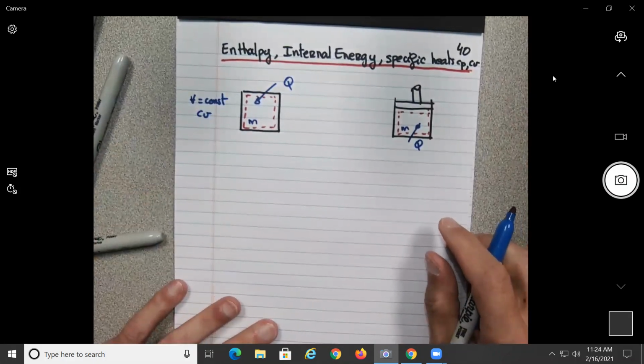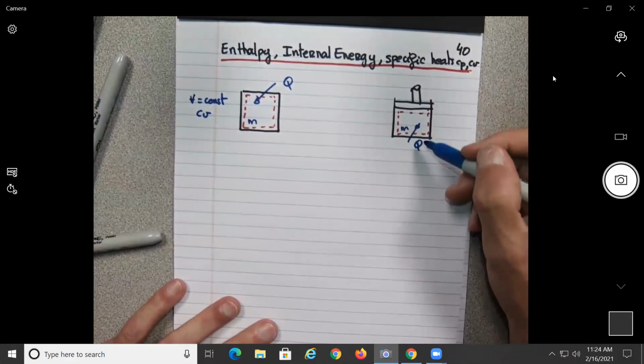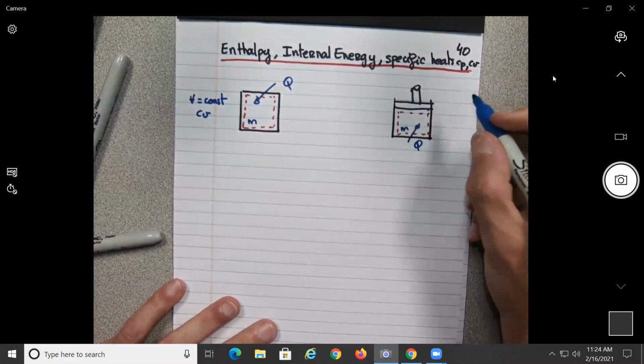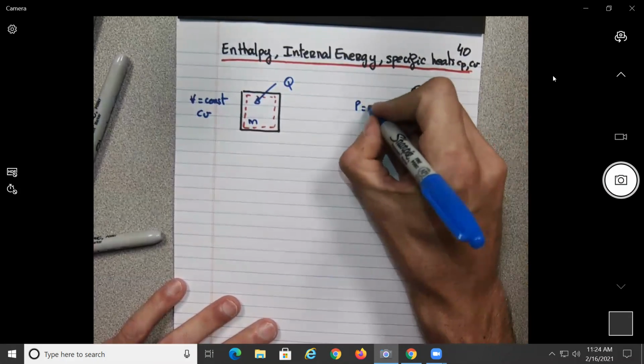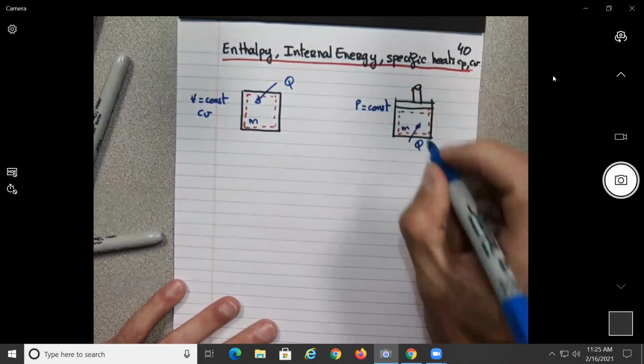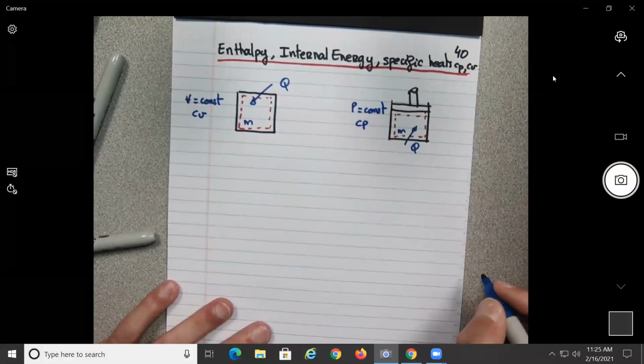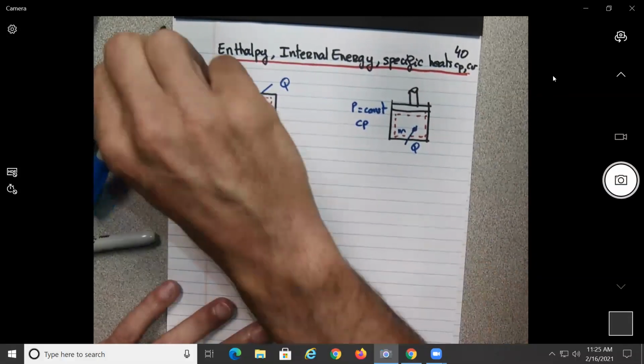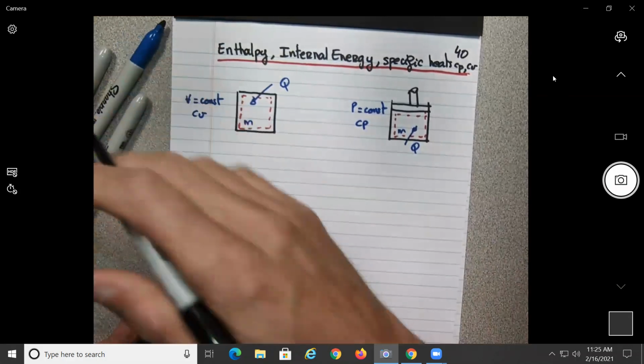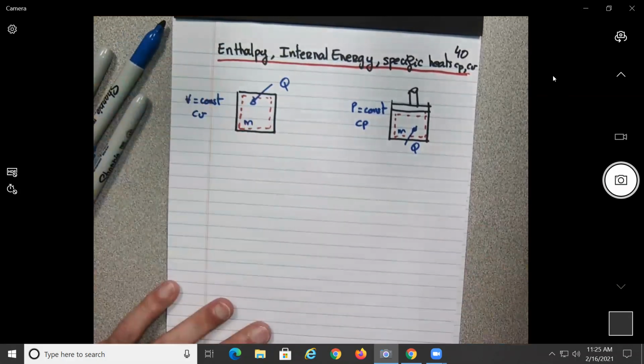But the other day we finished saying what? If this is free to move, what is constant in this type of system? The pressure is constant. So in this case, you have to use C sub P. I mean, you don't have to, but it will be easy, okay? You can actually use C sub V, but it will be different.